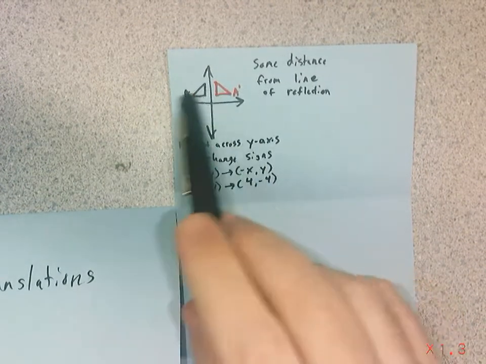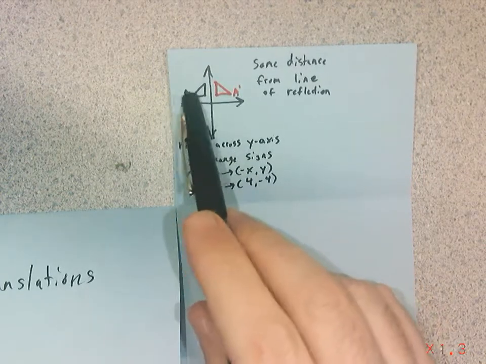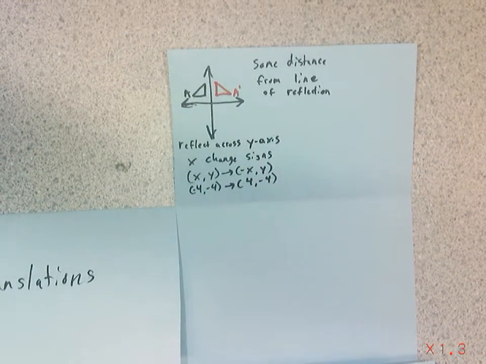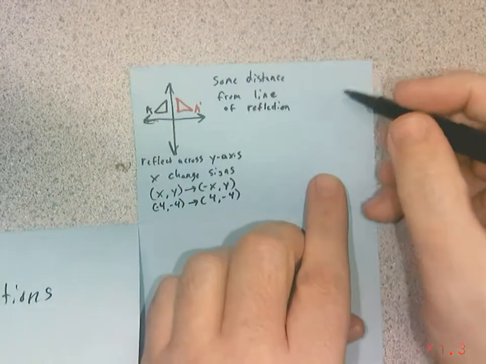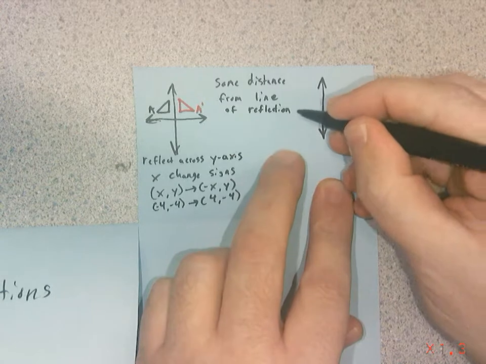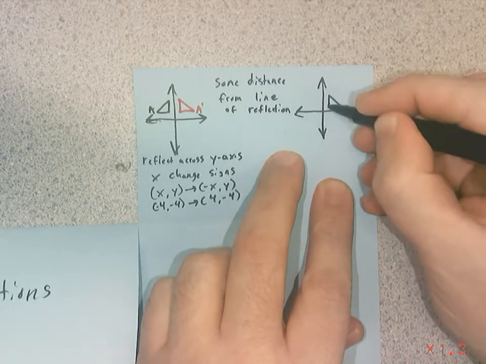Okay, so it's just basically changing stuff horizontally, right? Your vertical points are all in the same spot. Just your horizontal points are changing. So let's look at an example of where we reflect across the x-axis. So again, let's say I have my triangle here.